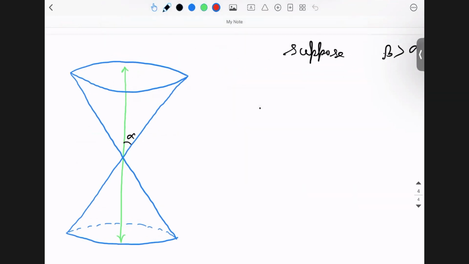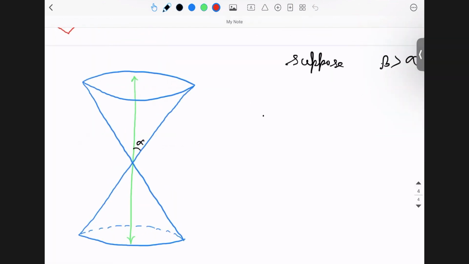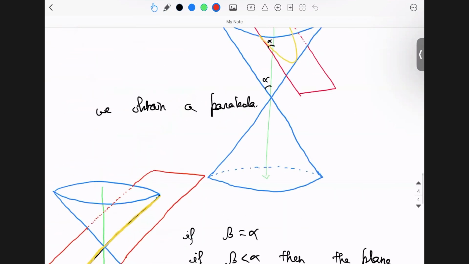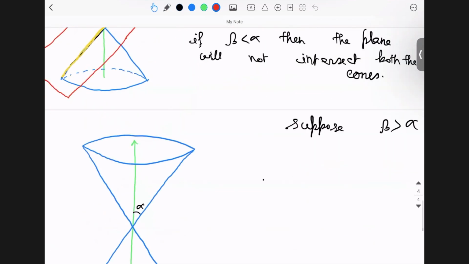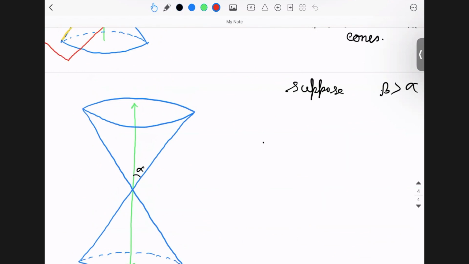And now I am drawing the plane, and in that case, the angle will be less than alpha, right? The greater than alpha case was done. Now it will be less than alpha. The less than alpha case will be like this.